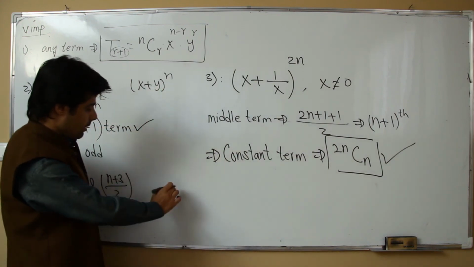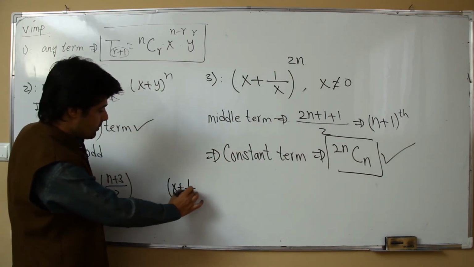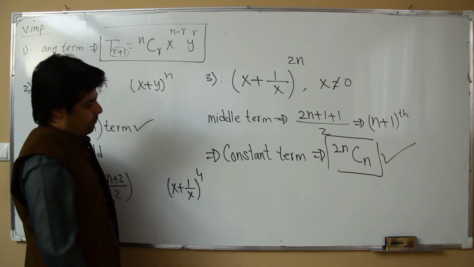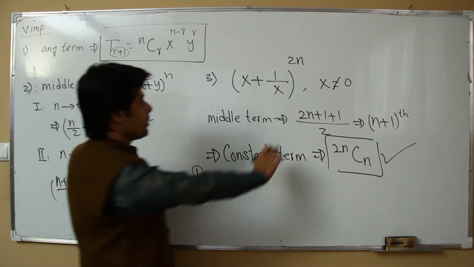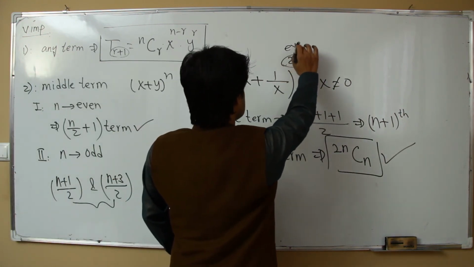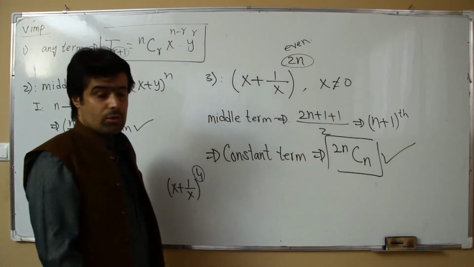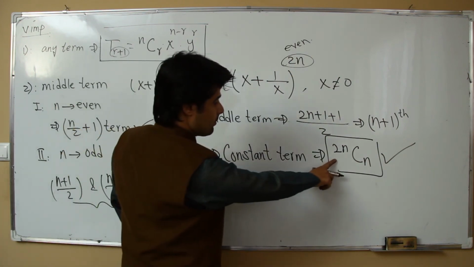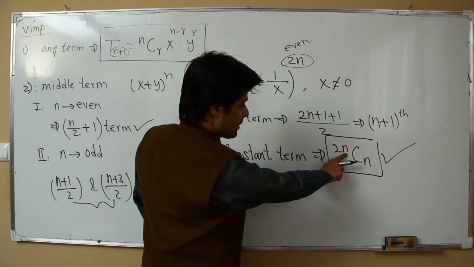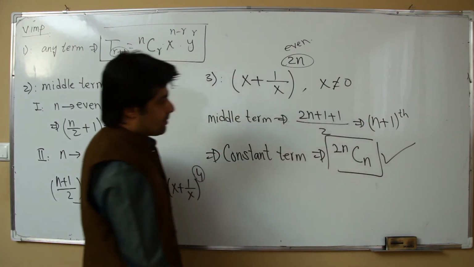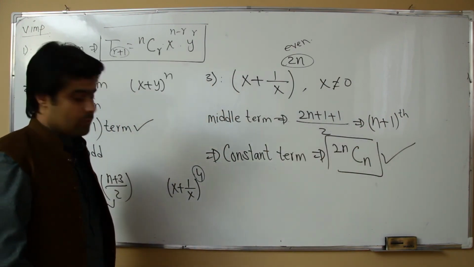For example, if you have (x plus 1 divided by x) raised to the power 4, this is 2n, and 2n is an even number. On that occasion, you can define a constant term, and this constant term is the middle term, whose coefficient is 2nCn, and the term is the (n plus 1) term. What do I mean?